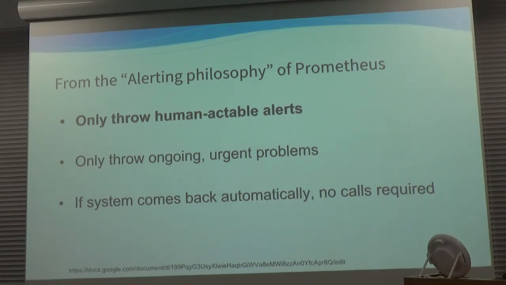In other words, if there are alerts that a human cannot work with, you should stop them because they are not required. You should change them to something like notifications, emails, or just logs. It's not something that you should make phone calls or pagers for.